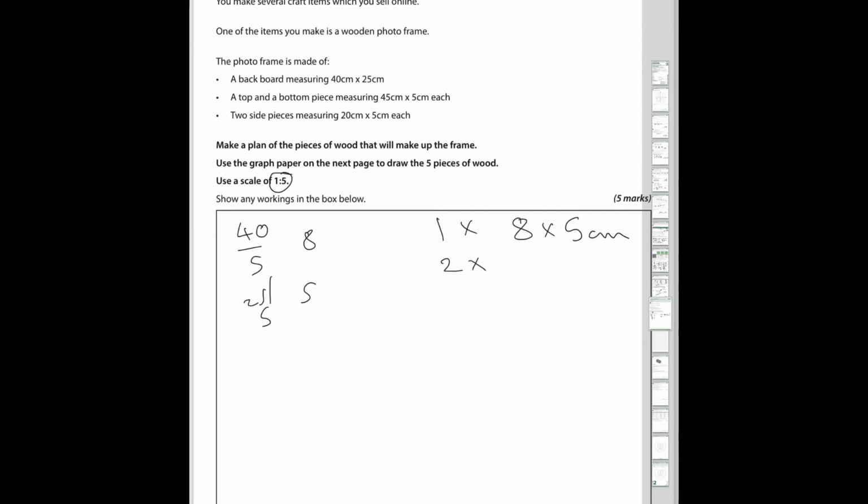There are 2 of the next piece, a top and a bottom, and they're 45. So 45 over 5 is 9, and 5 over 5 is 1, so 9 times 1. Then this one again, divide by 5, so 20 over 5 is 4, and 5 is just 1. There are 2 side pieces, so 2 of 4 by 1. Those are the sizes of pieces that we want.